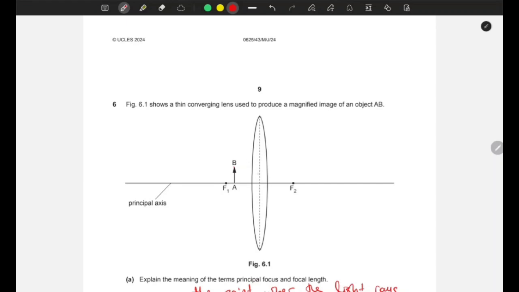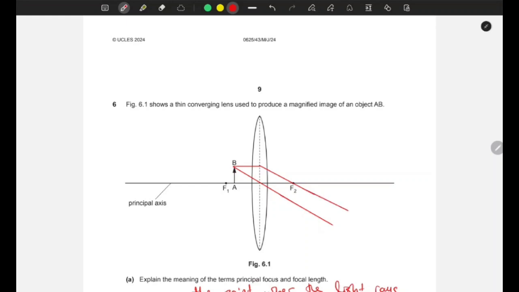The first one we could draw is passing through the center of the lens. Okay, passing through the center of the lens. And the second one is first horizontal until the center of the lens and goes through the focal point or F2. If we continue these lines, we can see that they'll never meet.